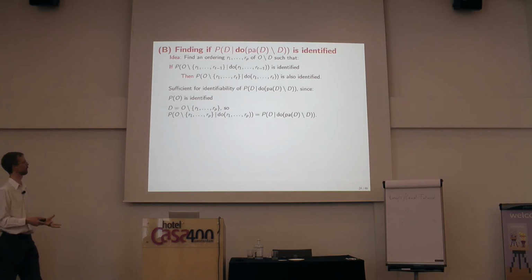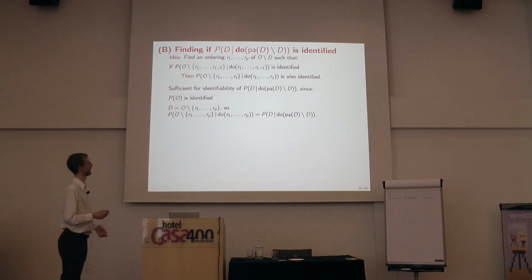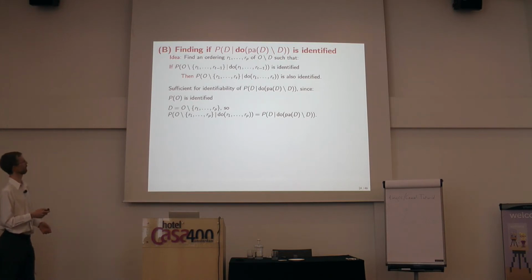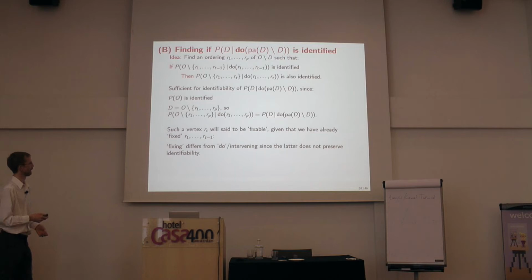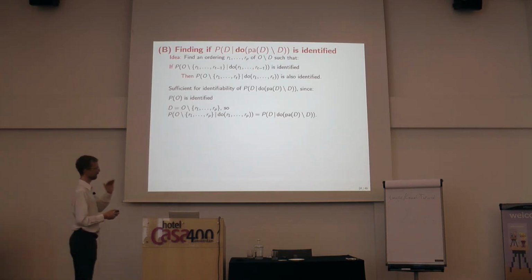So this is obviously sufficient for identifiability because this distribution is identified, and if I can intervene on everything else, then I'll end up with this intervention distribution that I care about. Okay, so everyone clear on the game?